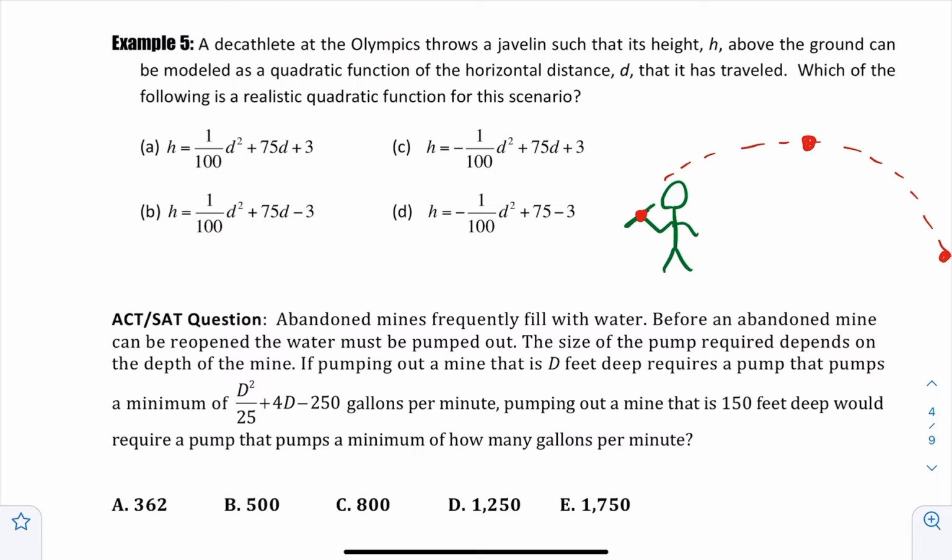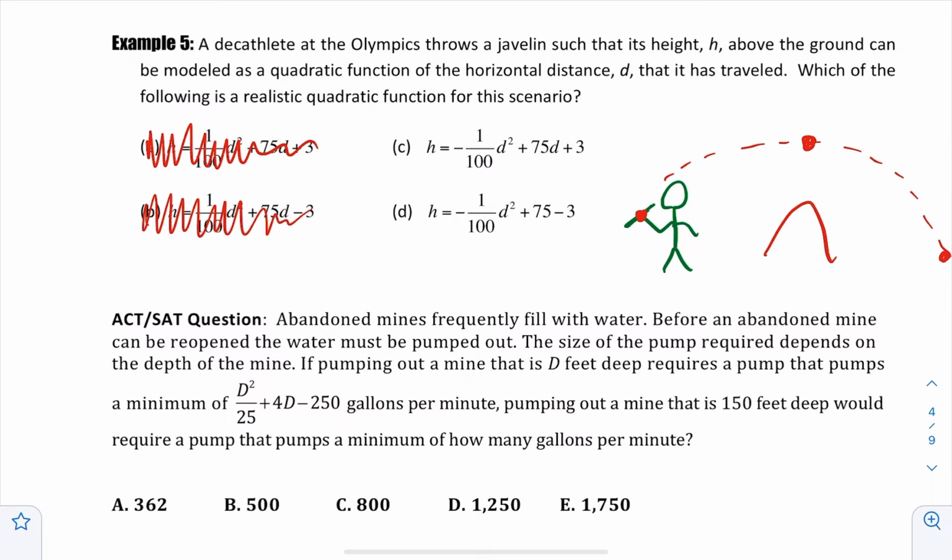What would make sense? If I have a parabola that opens down, that means it has to have a negative out front, because parabolas with a positive leading coefficient open up. So I can already eliminate answer option A and answer option B because they do not start with a negative.